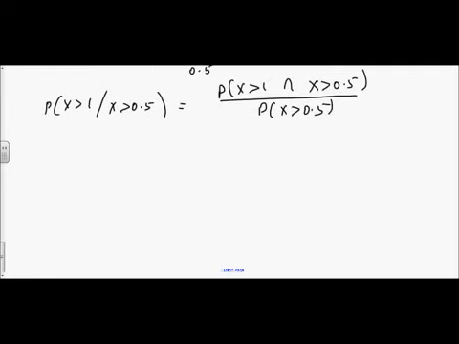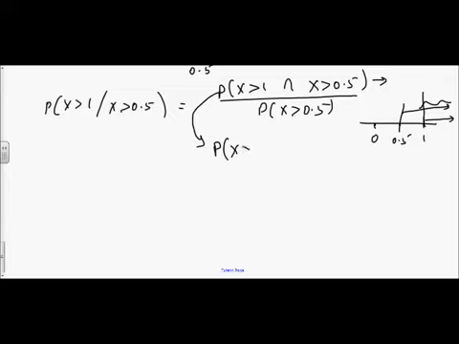There is no equal to sign here. What about the numerator? If this is 0, this is 0.5, and this is 1, x greater than 1 would be from here to here. X greater than 0.5 would be here to here. So the common part is from 1. So this put together would be x greater than 1 divided by x greater than 0.5.